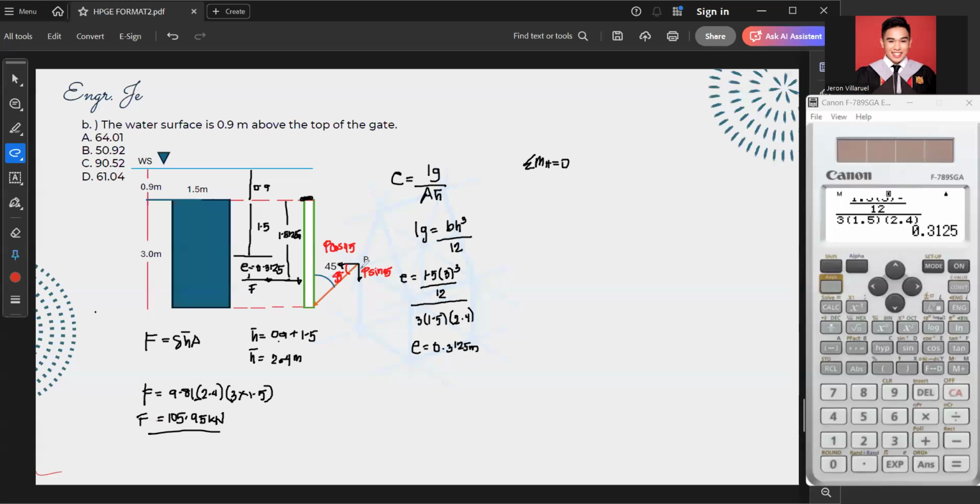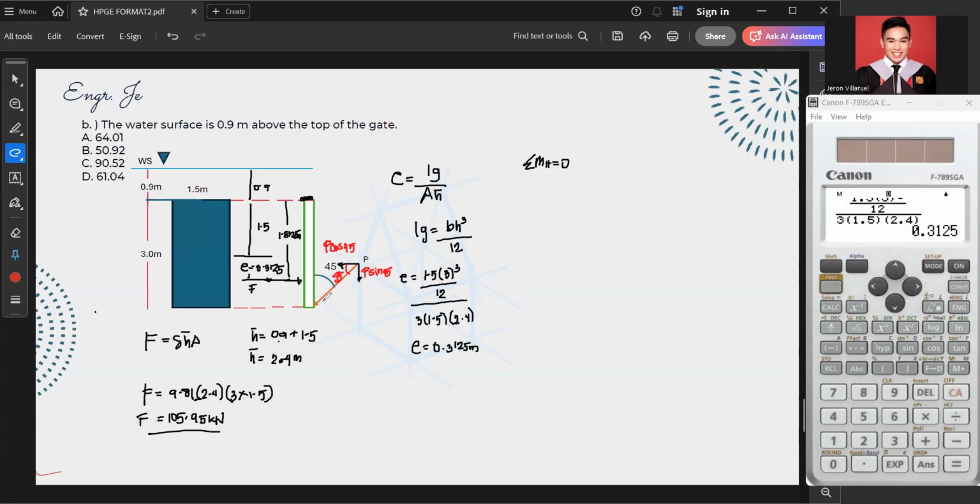Again, we're using the angle in the red color. And since we already have our force components, we can do our summation of moments from the hinge.